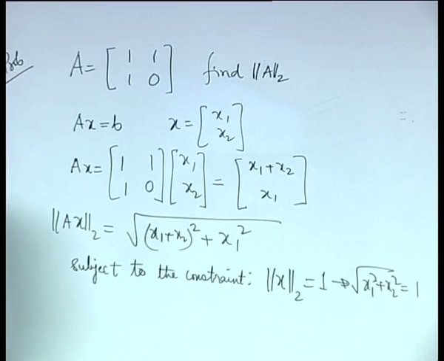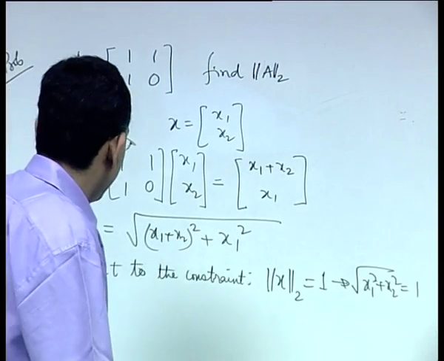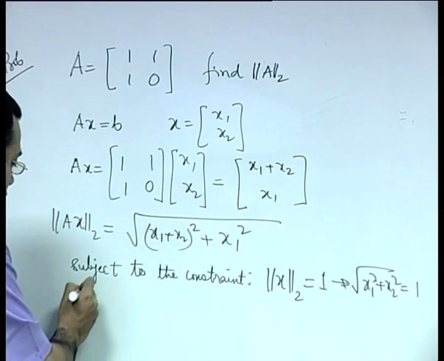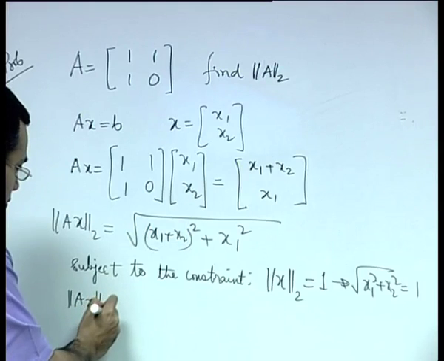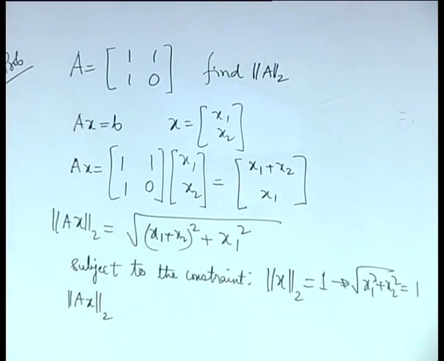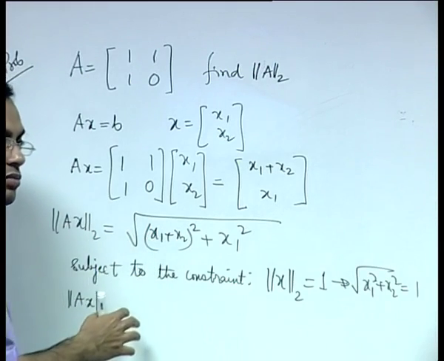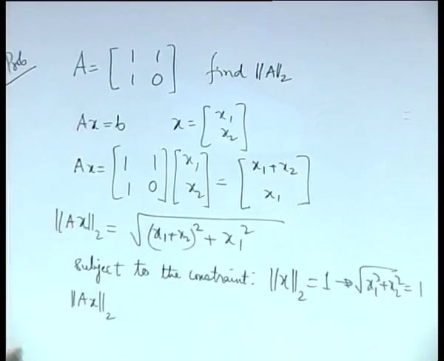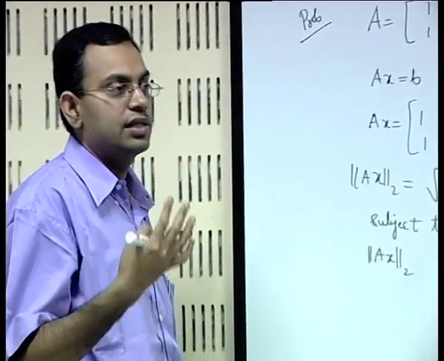Now, if you find this one, you can eliminate x2 and write it in terms of x1, or you can eliminate x1 and write it in terms of x2, but you will see that it is non ambiguous.